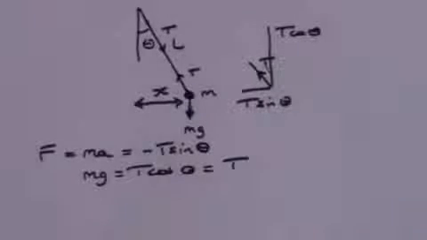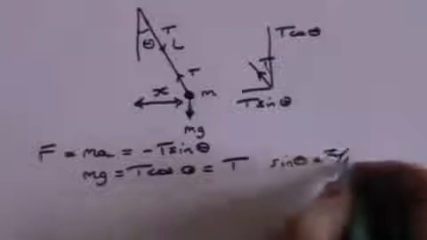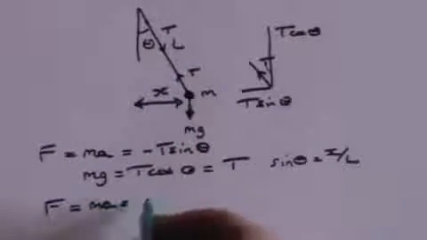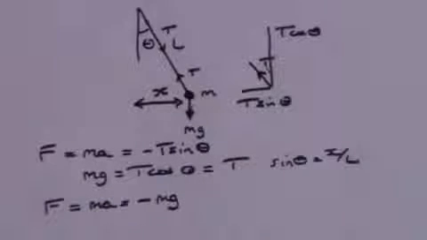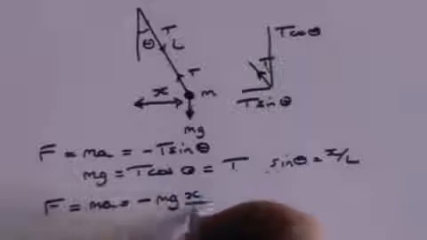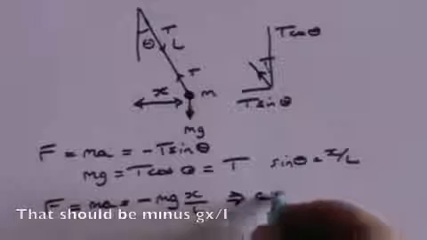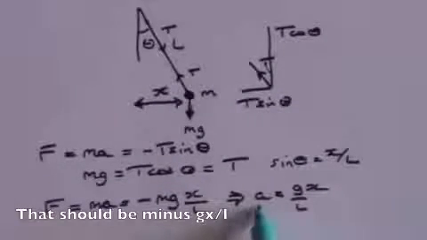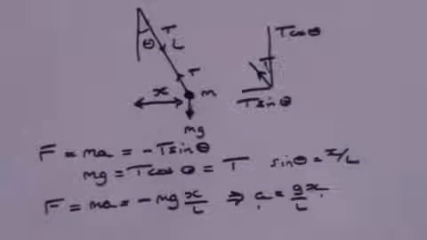Sine theta is x divided by L. Using Newton's second law again, F equals ma, which equals minus T, which is mg, times sine theta, which is x over L. This gives us a equals minus g x over L. The acceleration is proportional to the displacement, and that is simple harmonic motion.